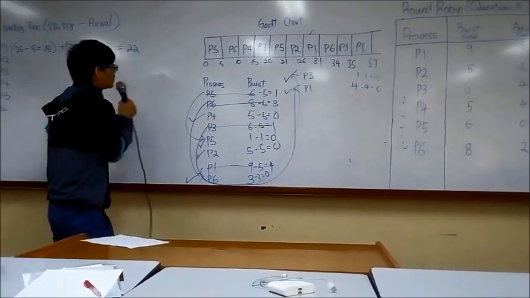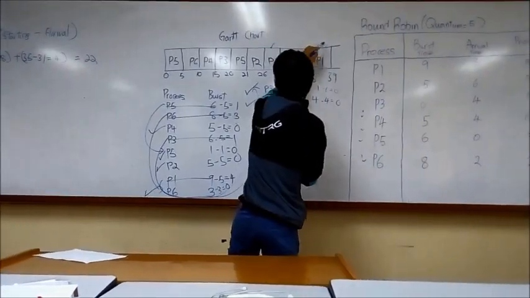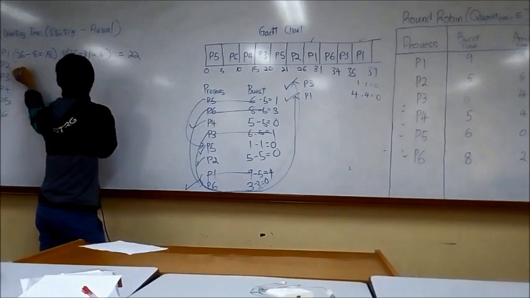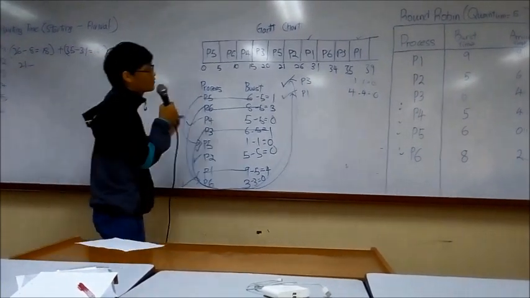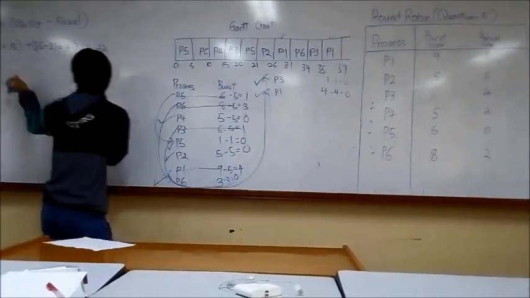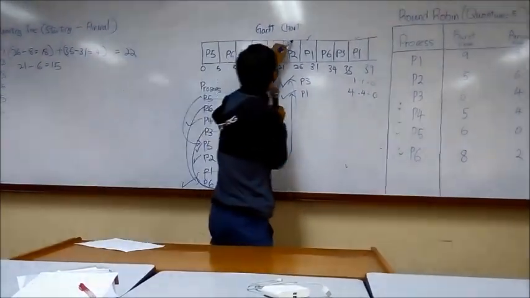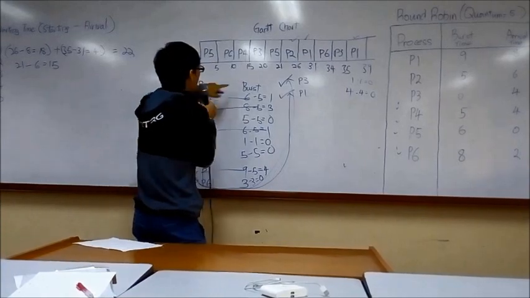And we proceed to P2. The starting time is 21, minus the arrival time, which is 6, equal to 15. Then we proceed to P3.